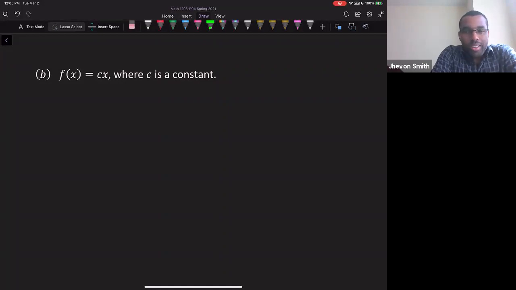What is the derivative? What is the answer here? This is also one that you can tell without even doing the calculations. So c is just a constant. So if I ask you y equals 5x, y equals 7x, y equals 12x, what is the derivative?